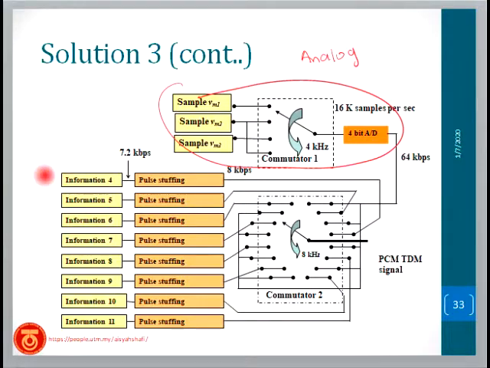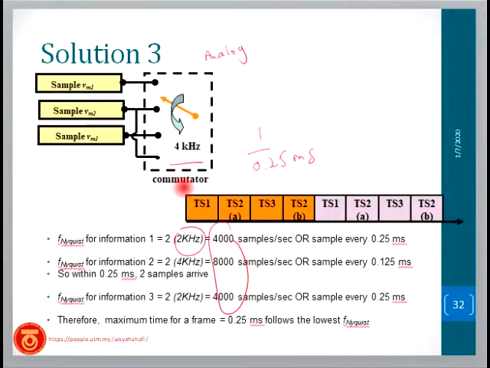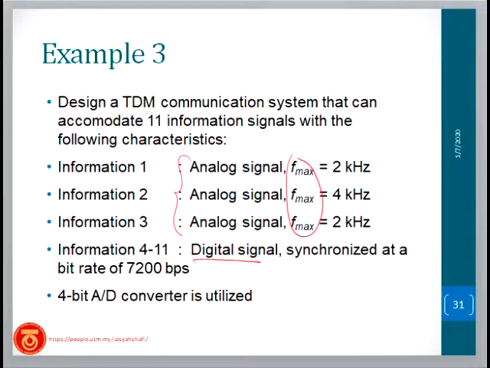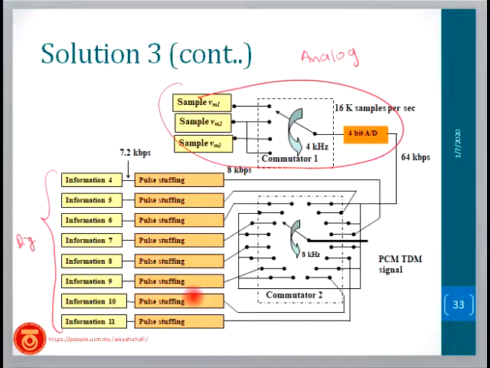And for the digital signals, it will use pulse stuffing with a bit rate of 7,200 bits per second. Use a 4-bit AD converter for the analog. Okay, so this is the answer for question 3.